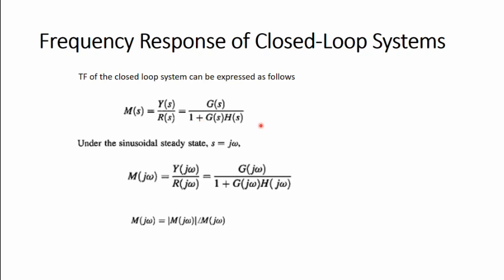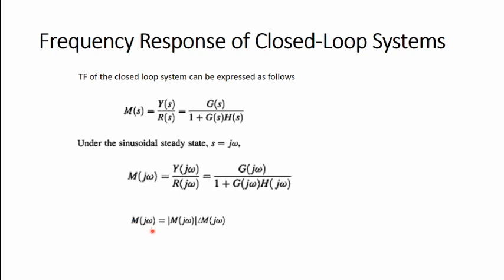Under the sinusoidal steady state, in frequency domain, we substitute s is equal to j omega, sigma is equal to 0. As s is the complex function sigma plus j omega, we substitute sigma equal to 0 and we obtain the sinusoidal closed loop transfer function, M of j omega, which is equal to Y of j omega upon R of j omega, that is G of j omega divided by 1 plus G of j omega H of j omega.